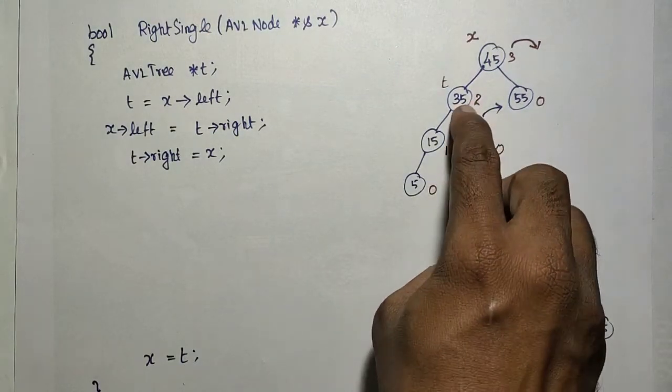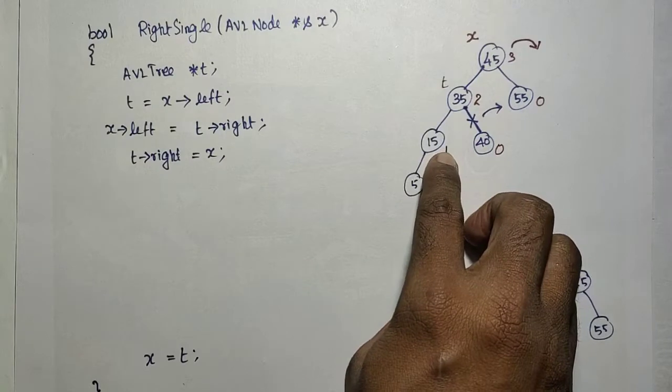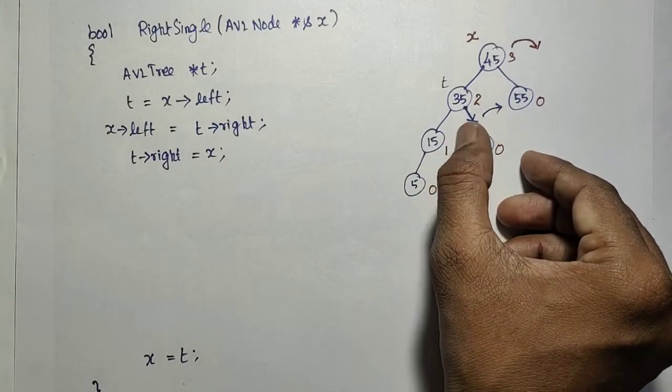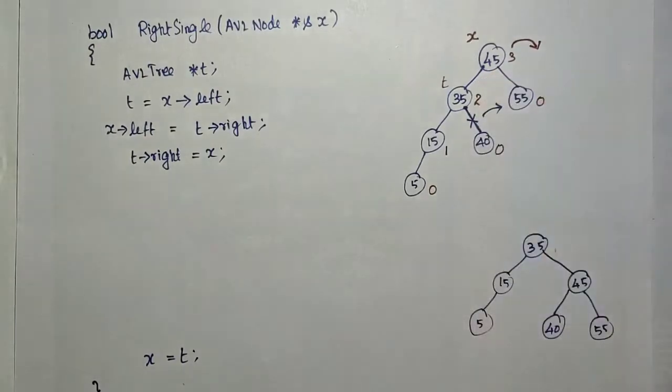For example, this is a 1, this is a 0. Maximum is 1. 1 plus 1 is the height. For any node if you want to update the height, use this formula: the left subtree height, the right subtree height, and the maximum of them plus 1 is the height of a particular node.